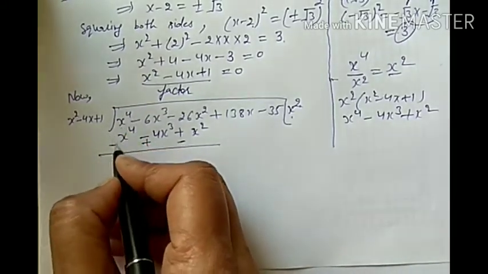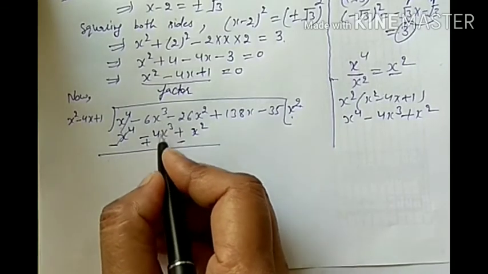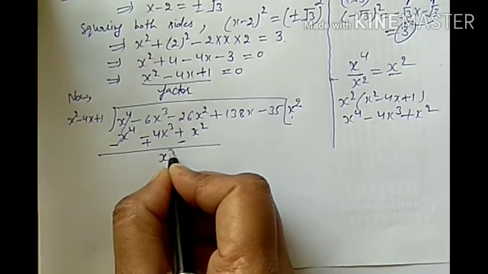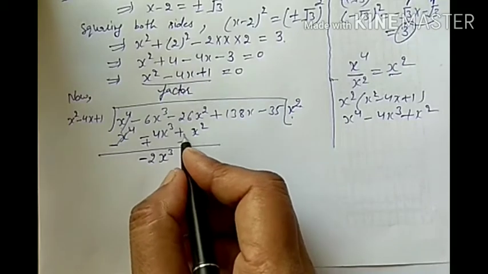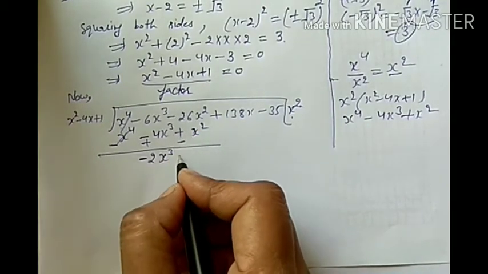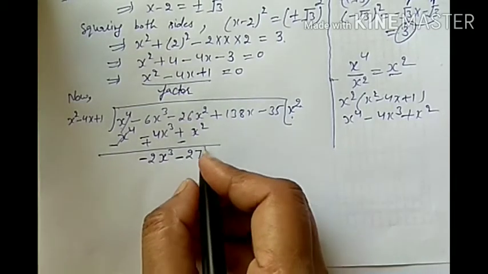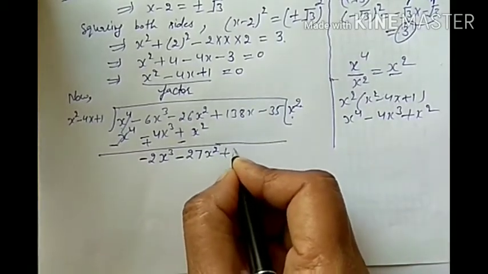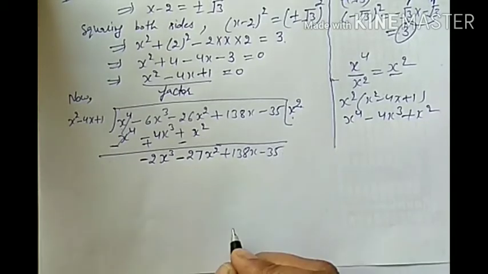Same values, different sign, so they cancel out. Minus 6x cube plus 4x cube: like terms, x cube, and their difference, in addition. Again minus 26 minus 1, so minus 27x square, and the remaining term will also come down, minus 35.